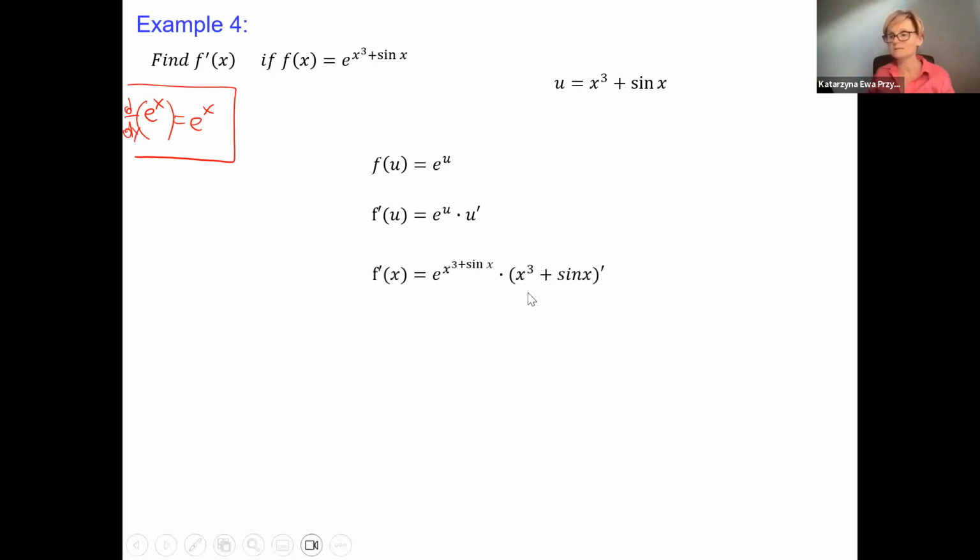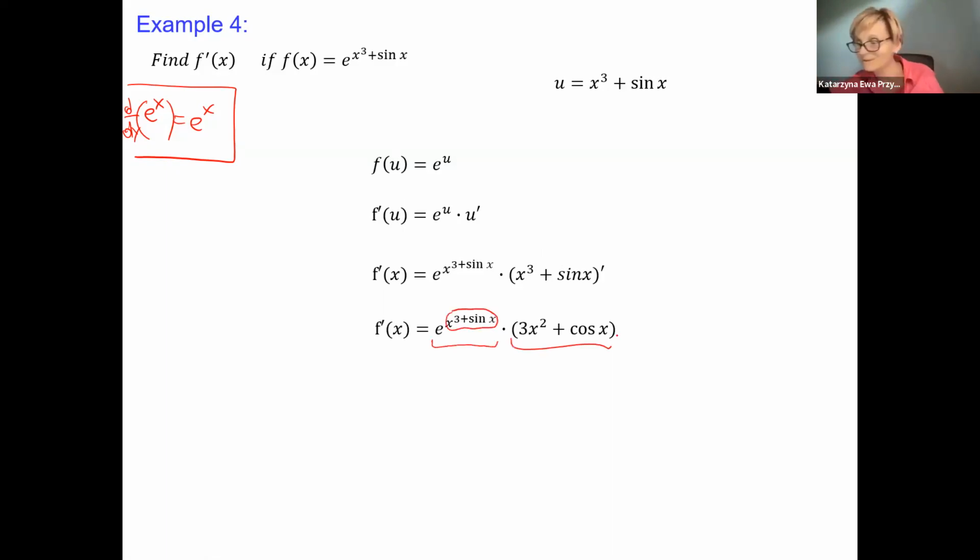Now I can replace u: x cubed plus sine of x, times the derivative of x cubed plus sine of x, which is 3x squared plus cosine of x, and we can leave it like this. We can see the chain rule: the derivative of the outer function, which depends on the inner, times the derivative of the inner.